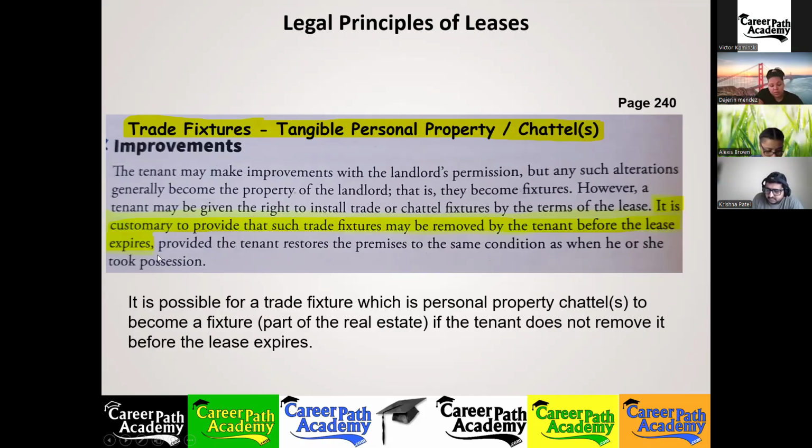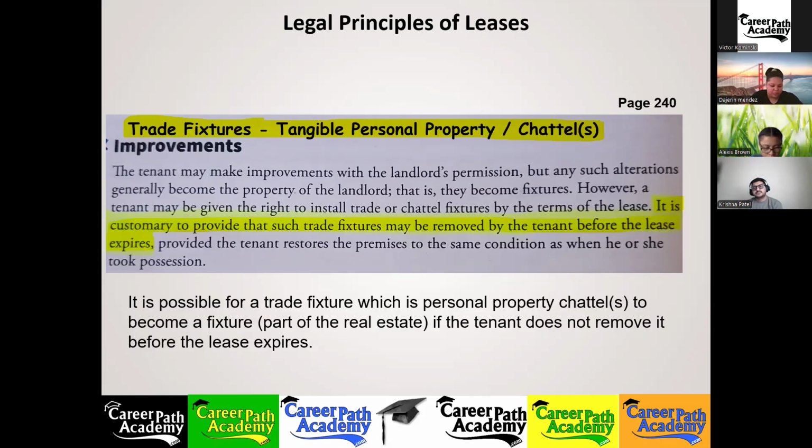And it is customary to provide that such trade fixtures may be removed by the tenant before the lease expires. Now, that's not for residential property, though. That's for businesses, trade fixtures.